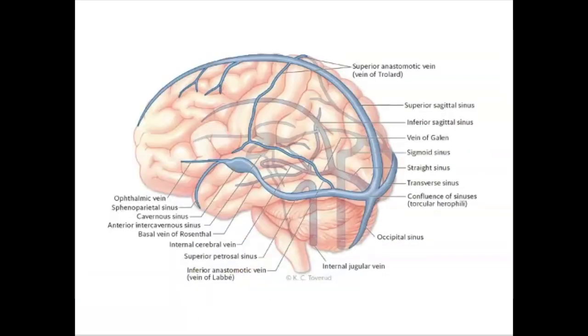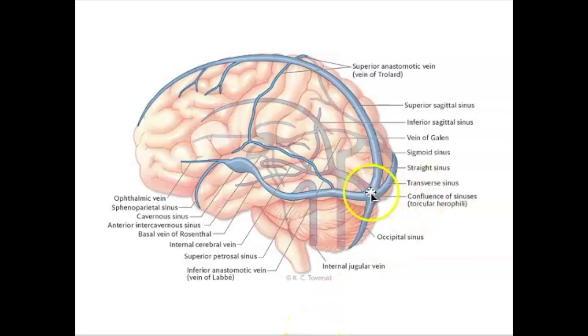On this slide, you're looking at a drawing of a human brain, a lateral view. You can see the cerebrum in pink. Here's the cerebellum. Here's the brainstem. And they've cut it off right where it would become spinal cord.